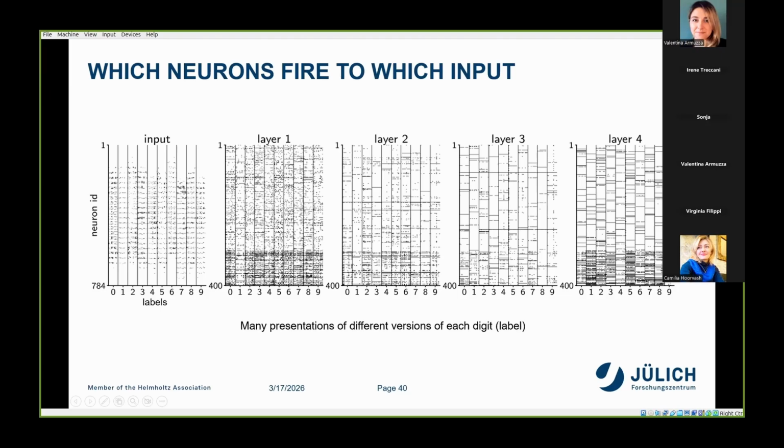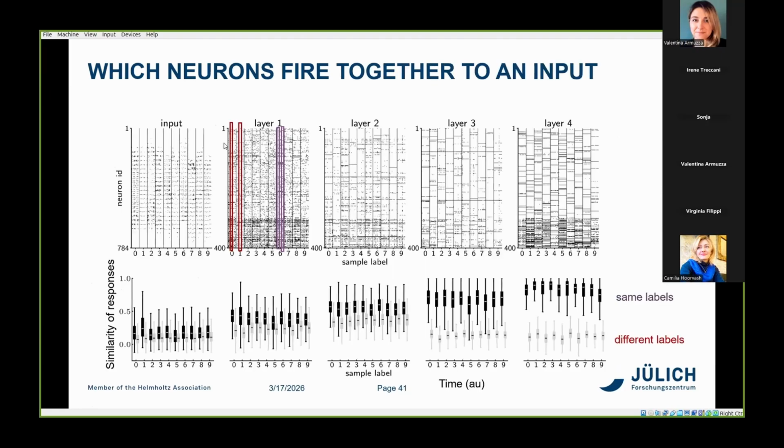Okay, this was what the individual neurons do. But now we look at the joint activity across the neurons. So we looked at these vectors. We wanted to compare whether the same set of neurons is active when a zero is presented, when different zeros are presented, and we computed the similarity of them. So this in this case is from a 0 and a 1 compared, so different labels.